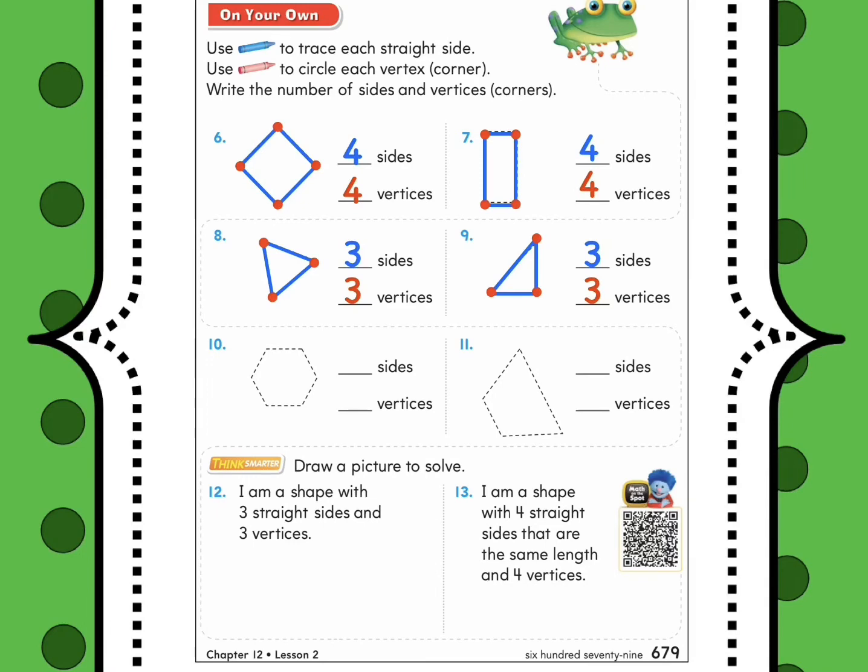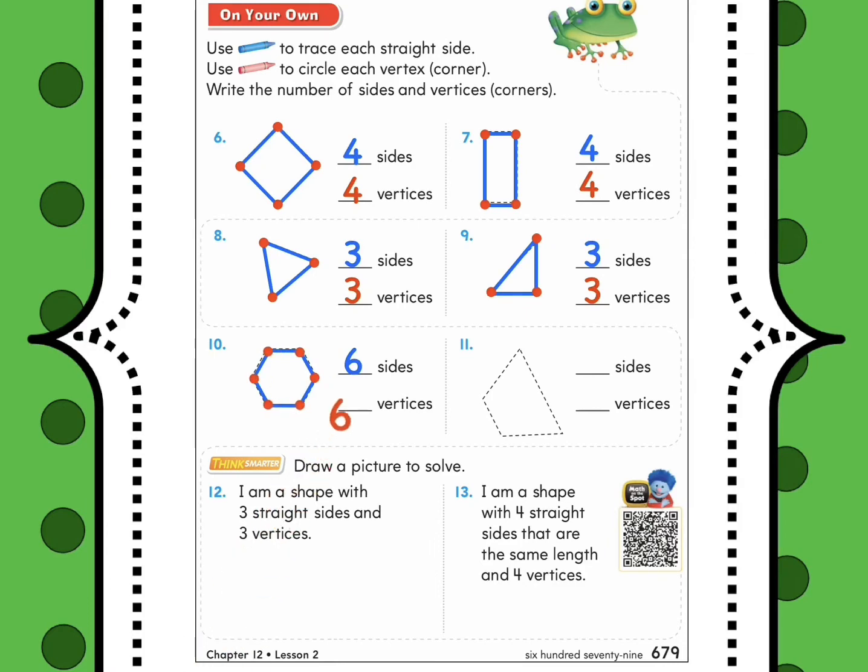This is the hexagon. And as we know, the hexagon has, let's count together, 1, 2, 3, 4, 5, 6. Very good. So it has 6 sides. I want you to count the vertices now. Brilliant. They are also 6 vertices.